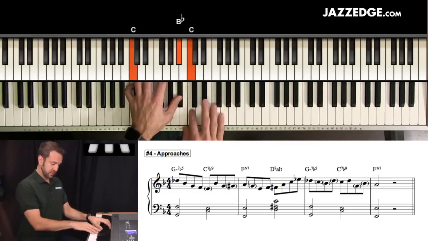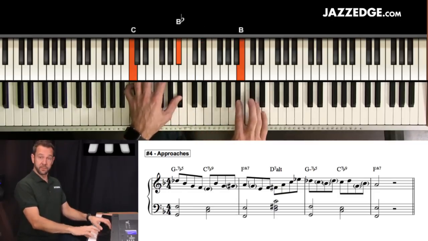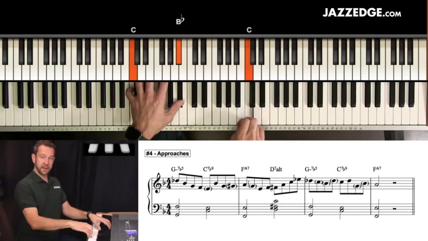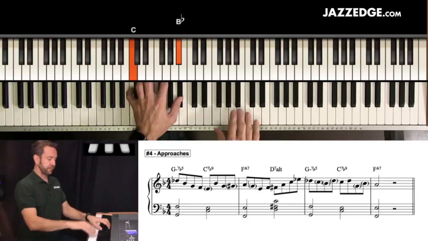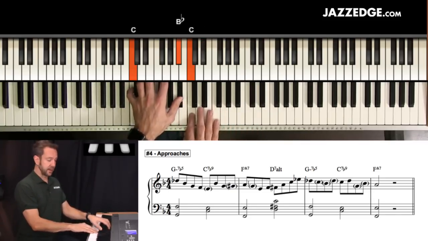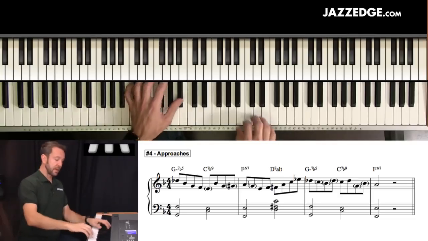I can also come the other way as well. I could do half step above, half step below.